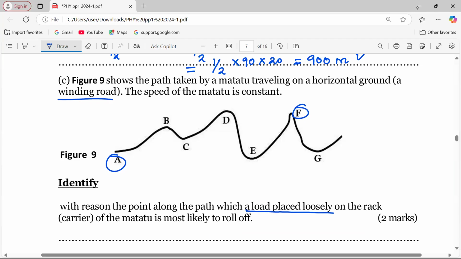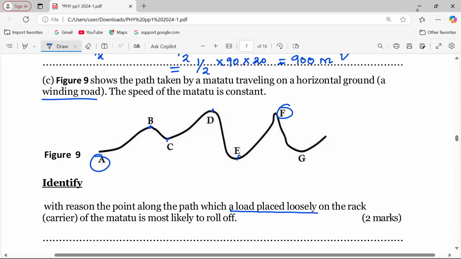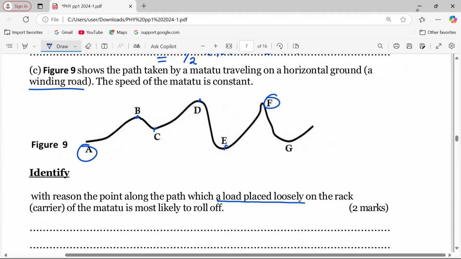This is a circular point at B, at C, at D, at E, at F, at G. But now look at the sharpness of the corner at F. We say when negotiating the corner, you need centripetal force. Now, the centripetal force is usually provided by friction between the ground and the tire.